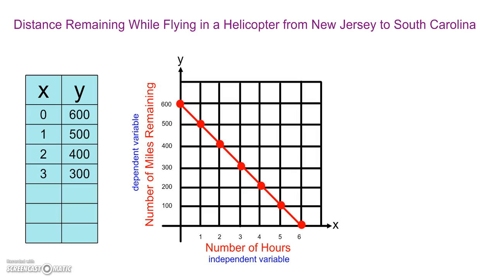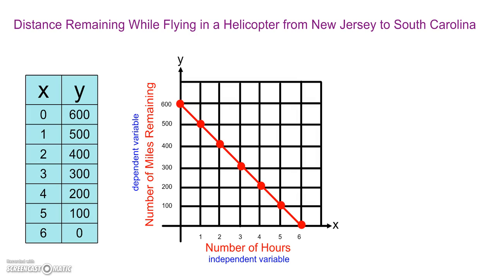You might already notice some patterns with our data, but let's keep going. After 4 hours, there's 200 miles left to go. After 5 hours, just 100 miles to go. And after 6 hours, 0 miles, we have reached South Carolina in our helicopter.